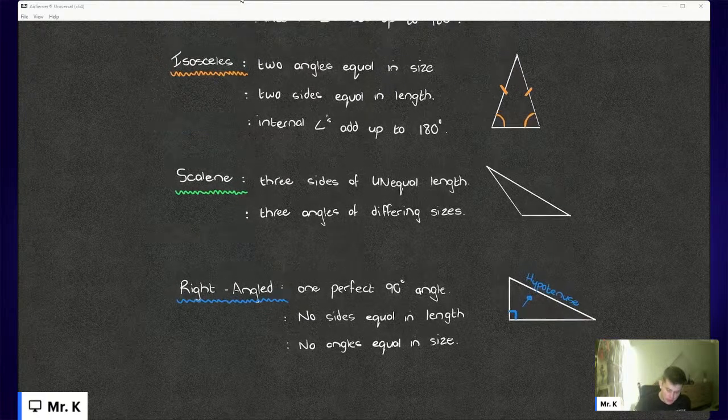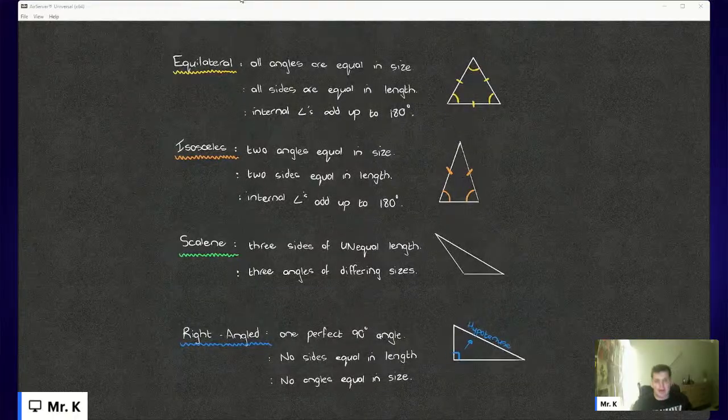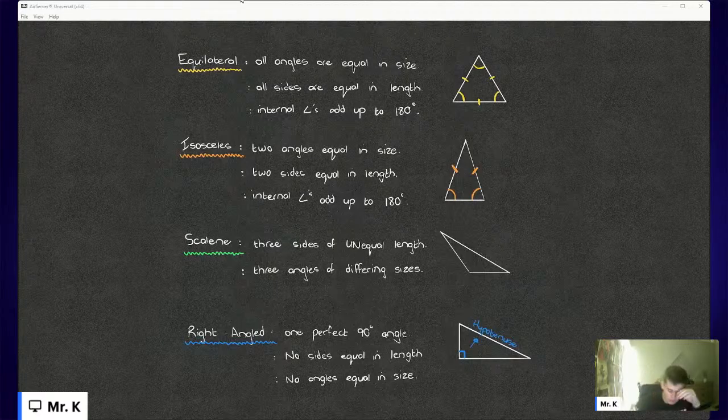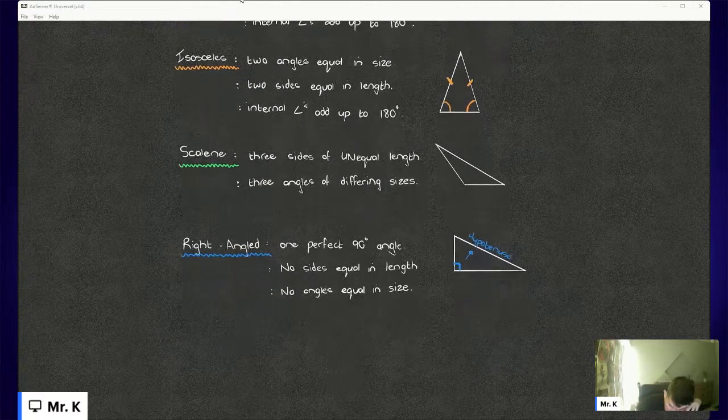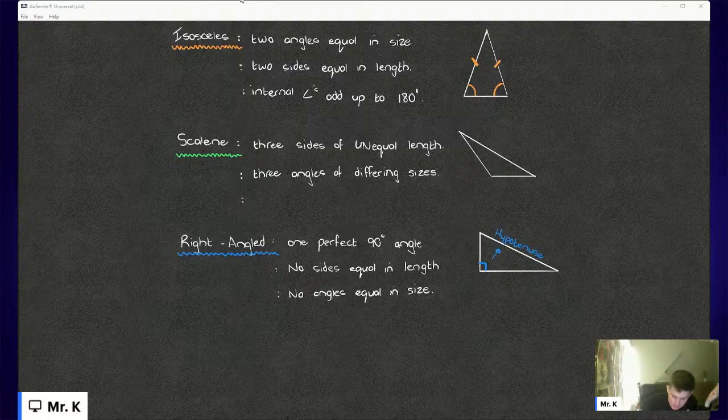All right, so these are the four kinds of triangles that we must be comfortable with and we must understand. These are the properties, and remember, again, we can actually add this on. I apologize, guys, I missed it under scalene. The internal angles add up to 180 degrees.